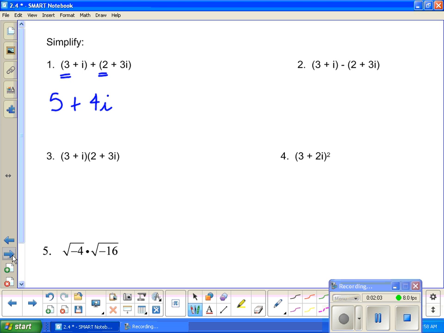So we add the same way. When we subtract, like we do with any polynomial, we have to distribute that negative. So it's -2 minus 3i. So 3 minus 2 is 1. i minus 3i is a minus 2i.